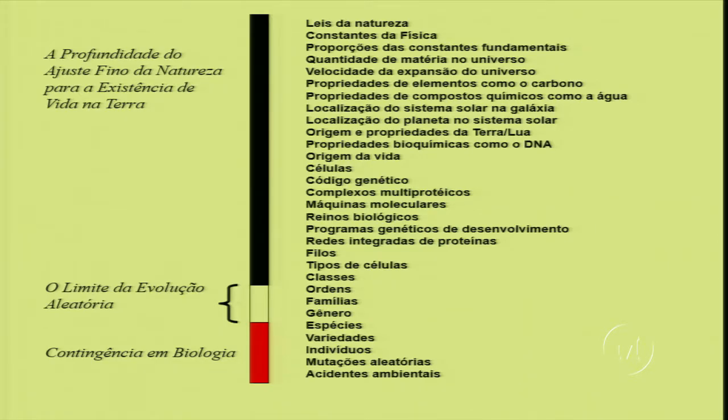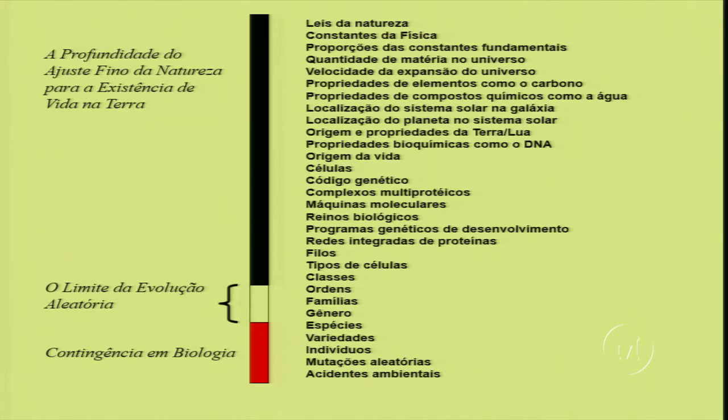The laws of nature, the constants of nature, the origin of life, cells, molecular machines, and so on. But as you get down, we're going from more general to more specific. And I think that there are accidents in biology, there are random mutations, and so on. And I think various species can arise, if you think of different species of birds, say. But somewhere between the level of class and the level of species in genera is the edge of evolution.